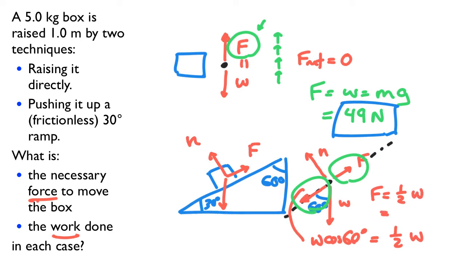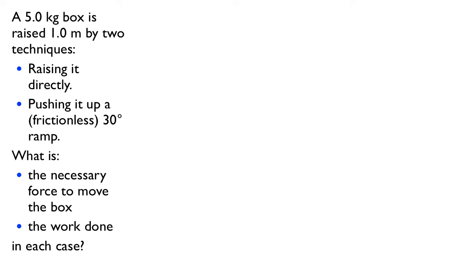So it's equal to 24.5 newtons. It's basically 1/2 of the weight force. So if we compare that to the previous case, the amount of force that we had to apply was 1/2 what it was previously. But now let's think about the second piece of the puzzle, which was the work which was done in each case.